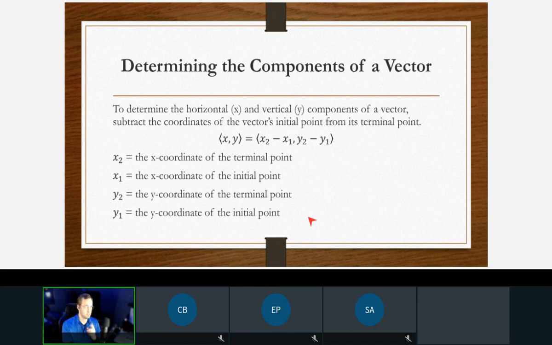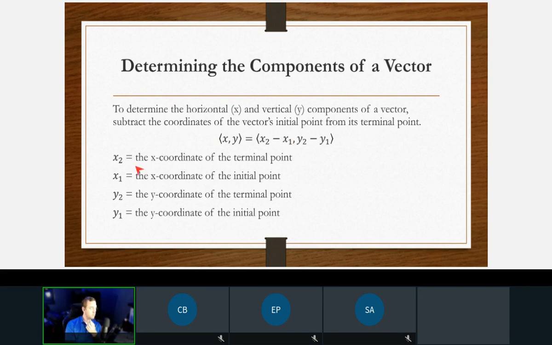And this is noteworthy, so you probably want to write this down. To write a vector in component form, given the two coordinates, the new vector's x coordinate is going to be your x sub 2 minus x sub 1.